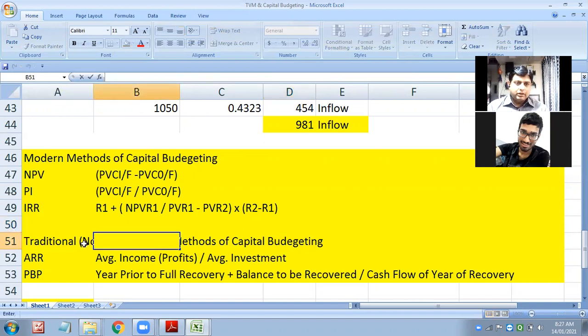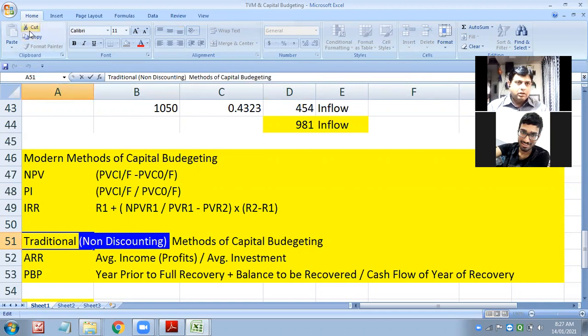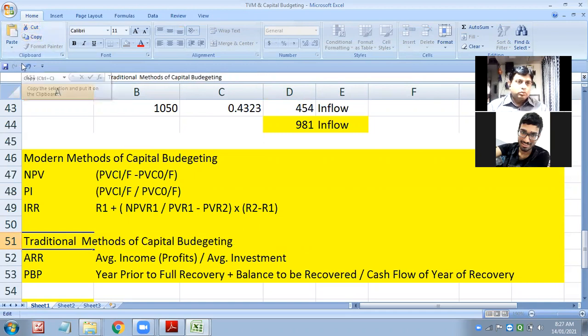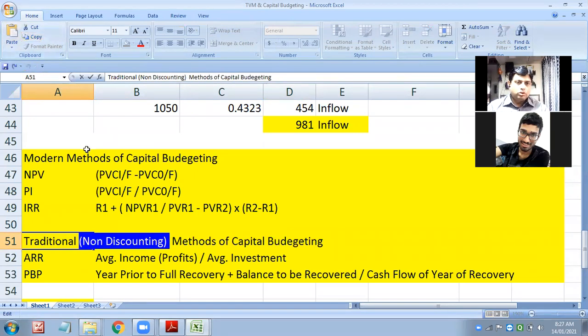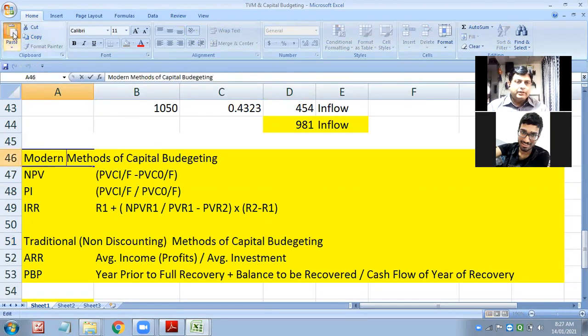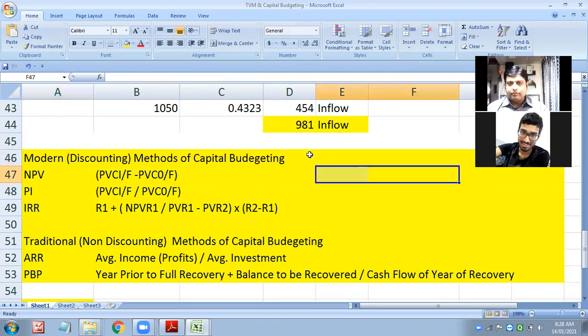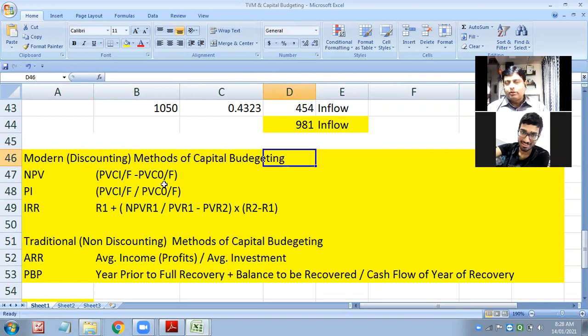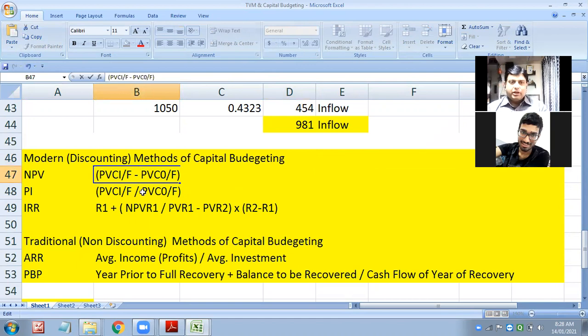Whereas modern methods are discounting ones. Discounting means they are taking time value of money into consideration. Again, we have the revision, and we will have the practice based on net present value, profitability index, IRR, and so on.